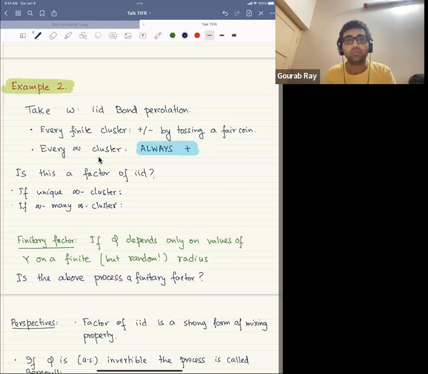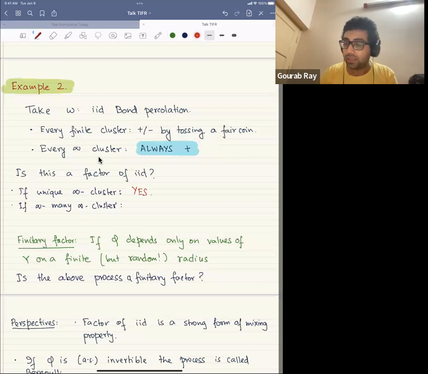Well, you can look at this omega, and if you explore a big ball around a vertex, then with very high probability you will know whether you're in the infinite cluster or not. So this gives you a measurable function which tells you whether the vertex is in an infinite cluster or not. And when it's in an infinite cluster, it's a deterministic function. It's always a plus. So from here, it's not very hard to argue that this process is in fact a factor of IID in this case.